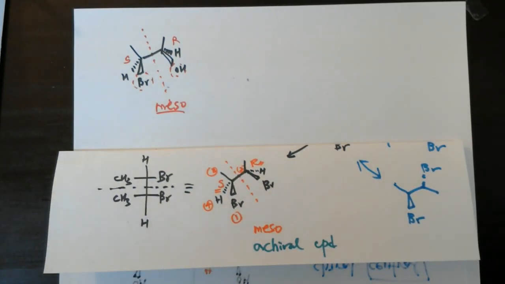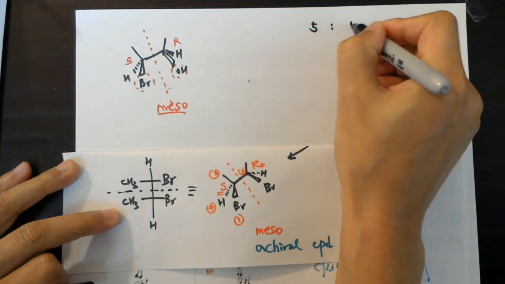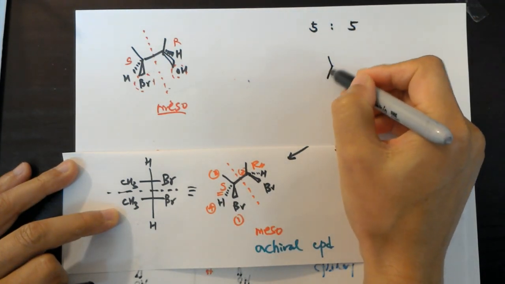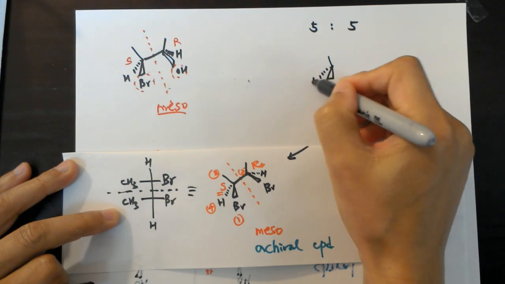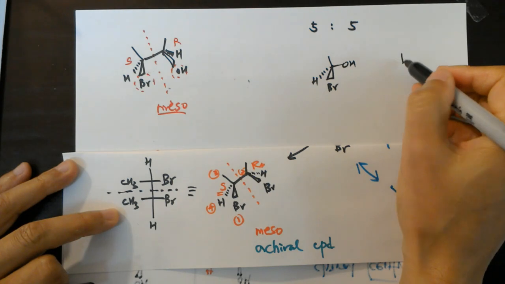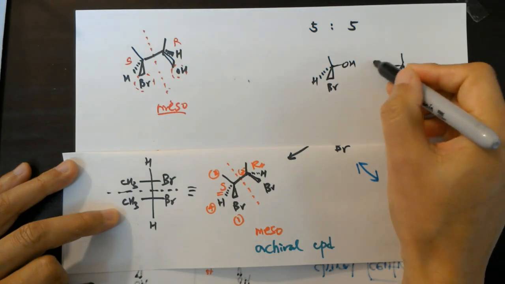Indeed, you can think of the case where you have exactly the same amount, 50 to 50, of the same polarity molecule, such as this, but in opposite configuration, like that.